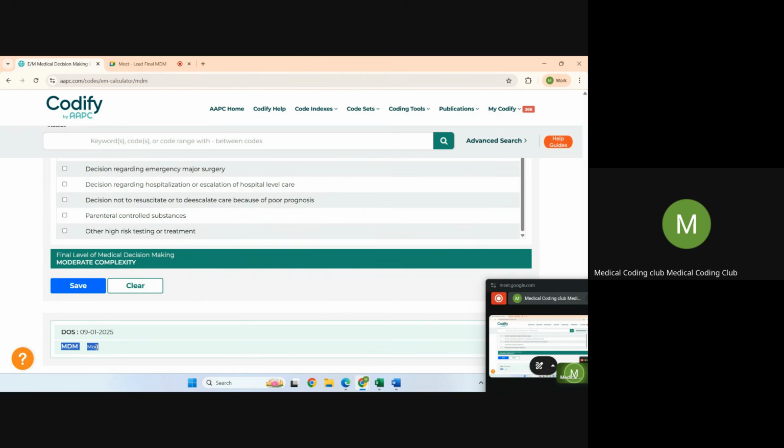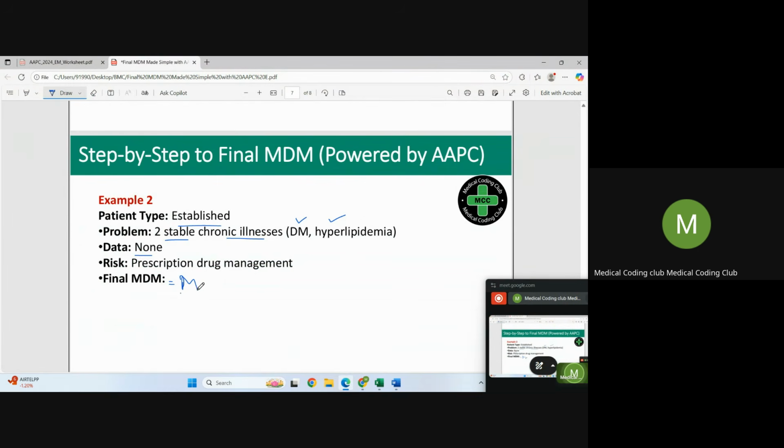That has given you the correct level. So for an established patient, the final MDM is moderate, and when you look into your E/M OP code, you will get 99214 for moderate MDM.